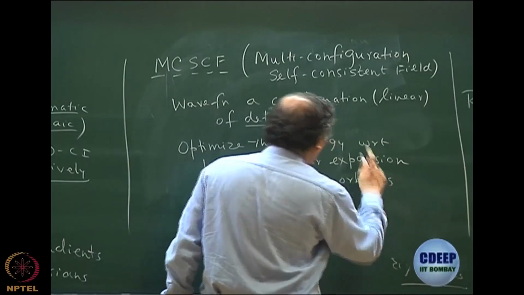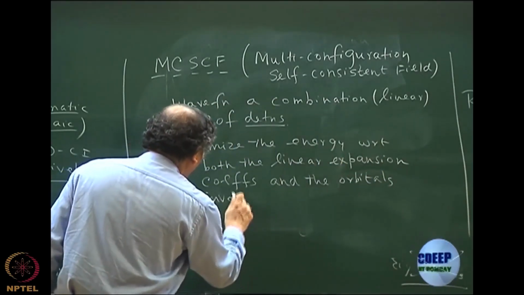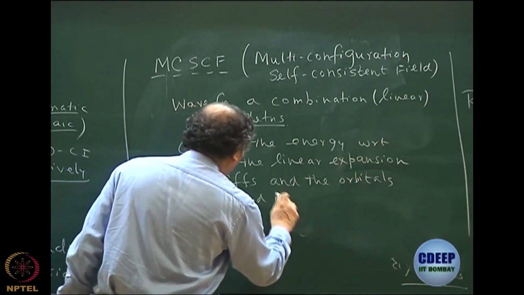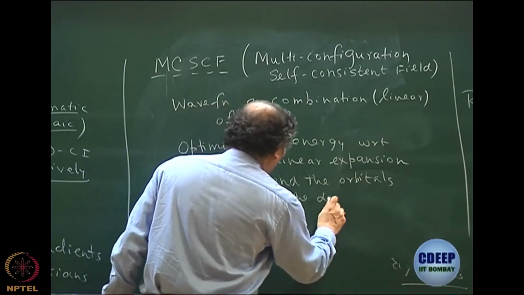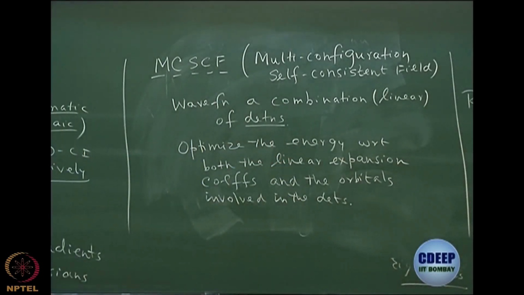Not just one determinant, there are many determinants, all the orbitals involved in the determinants. You can clearly see that this goes much beyond CI.